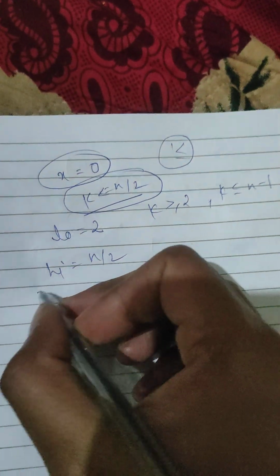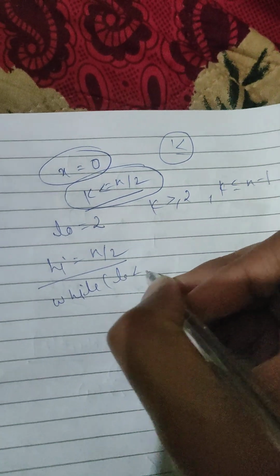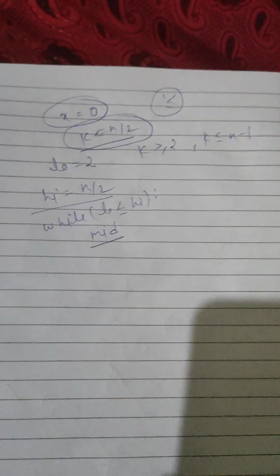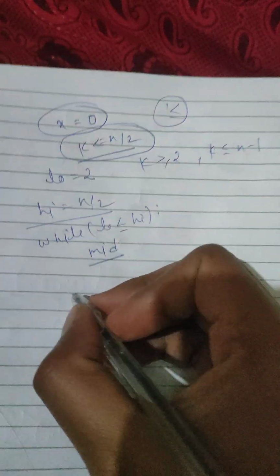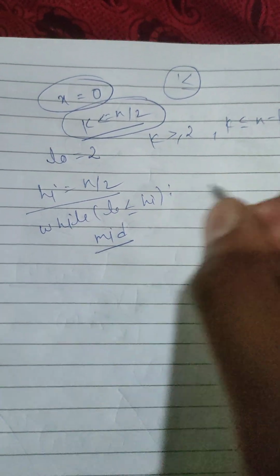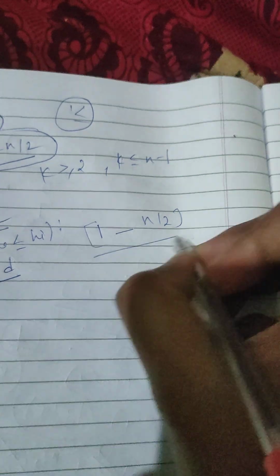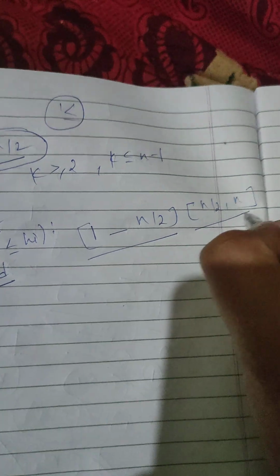So hi will be n by 2, and then we will apply binary search simply while l is less than or equal to hi, we can find the mid, and then on that mid, now the main thing arises, how can we call that check function where we will check. So it is very clear that 1 to n by 2, this part of the subarray contains 1, and n by 2 to n, that part of the subarray doesn't contain 1.